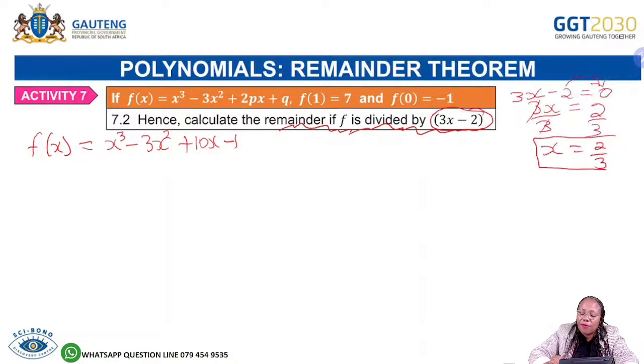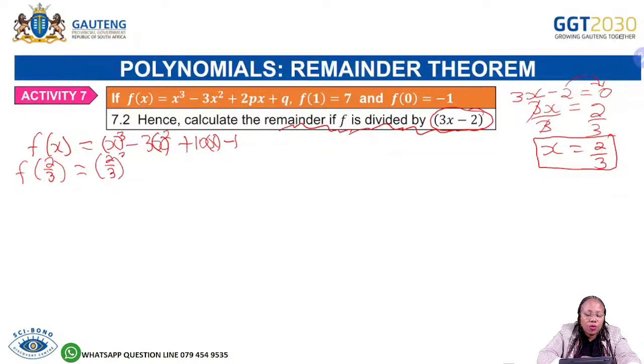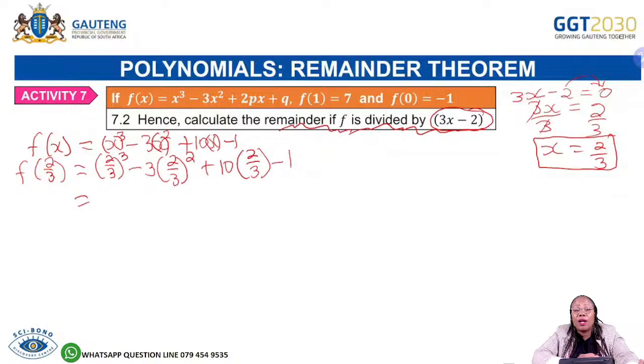That means wherever we have an x in our f at x, we are going to substitute that with 2 over 3 to calculate the remainder. All the x's will be substituted by 2 over 3. We are busy substituting now. 2 over 3 cubed minus 3 times 2 over 3 squared plus 10 into 2 over 3 minus 1. Remember that the calculator handles fractions and exponents.